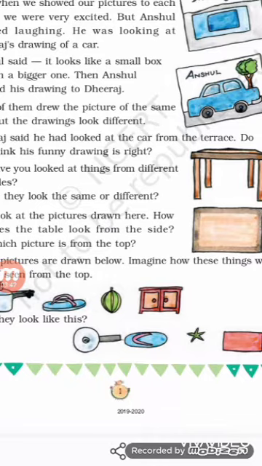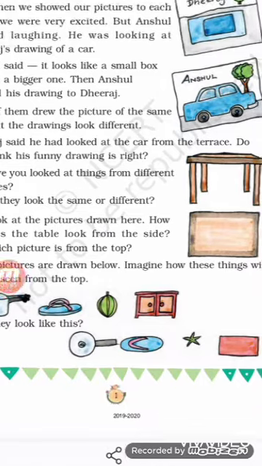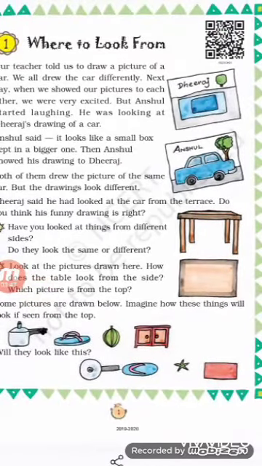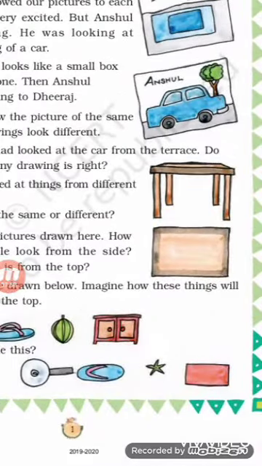This is the top view of the slippers. Same way, these next two things. Cupboard. The cupboard is also the side view. You can see the doors also. So it is called the side view. But in the next picture you can see only the upper portion. You cannot see the doors of the cupboard. Only the upper part of the cupboard is there. Means it is called the top view.